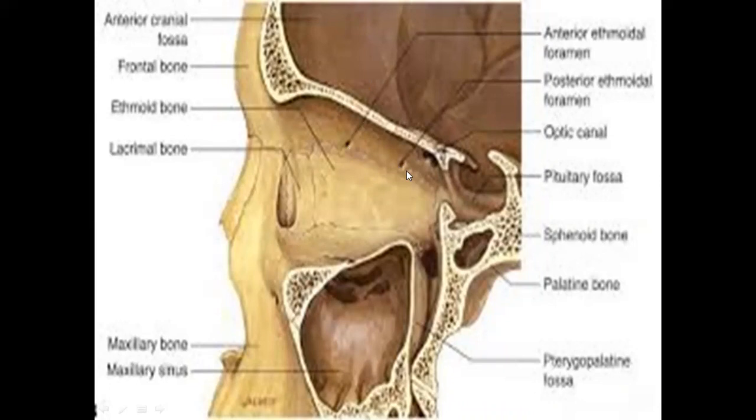The anterior ethmoidal foramen allows the anterior ethmoidal nerve and vessels to pass through, and the posterior ethmoidal foramen allows the posterior ethmoidal nerves and vessels to pass through. So the landmarks over the medial wall of the orbital cavity are the lacrimal fossa, which contains the lacrimal sac, and the anterior and posterior ethmoidal foramen, allowing the anterior and posterior ethmoidal nerves and vessels to pass through.